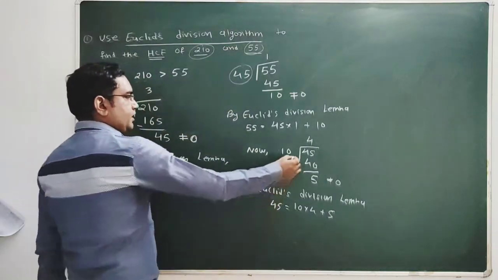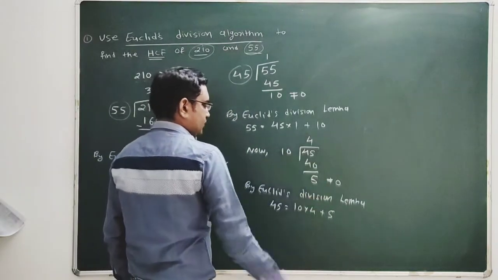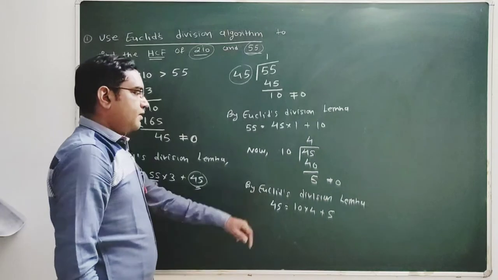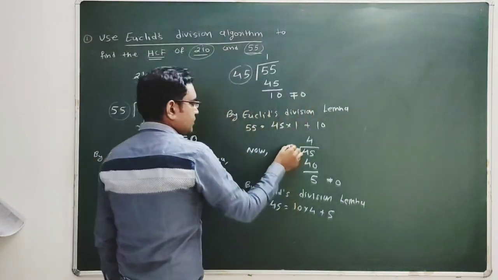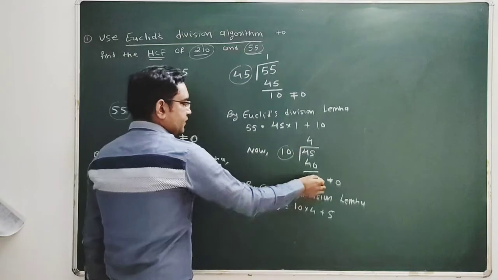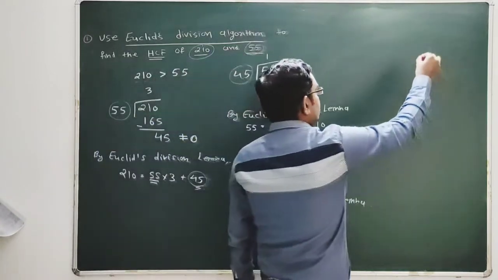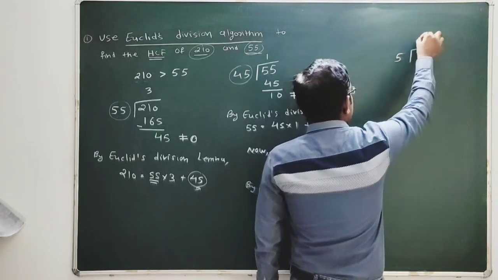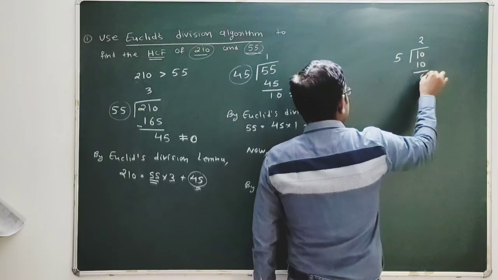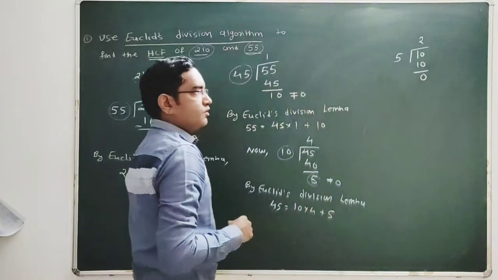This 45 can be written as 10 into 4 plus 5, and hence remainder is not 0. We have to apply next step, in which we'll consider this 10 as a dividend, this 5 as a divisor. So 10 is dividend, 5 is divisor. So 5 2s are 10. So now remainder is 0.